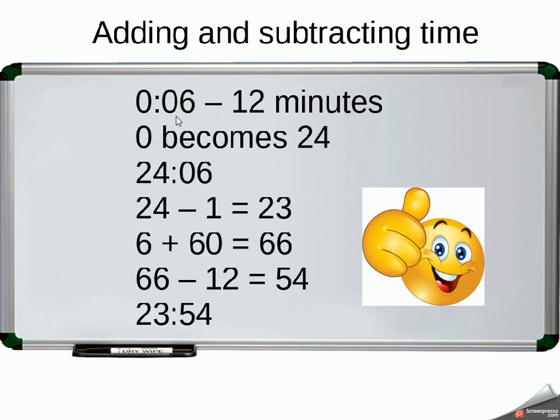So if ever you're going to cross over the midnight point backwards, just change the 0 to 24, and then you can borrow from the 24 like we did before. And that's how we add and subtract with 24-hour time.